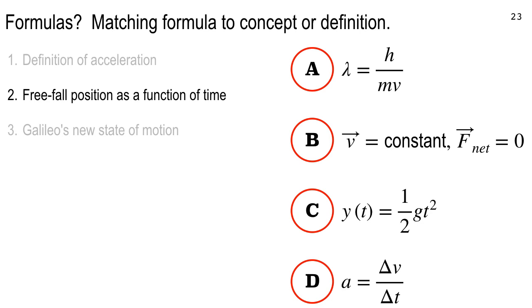And sometimes I put the formula right in the question. If I run out of space, I might put it right in the question. Like the question might be, as you know, the acceleration is delta v over delta t. Therefore, what is, and then I'll ask you a question. So sometimes I do that, but most of the time it's up in the matching.